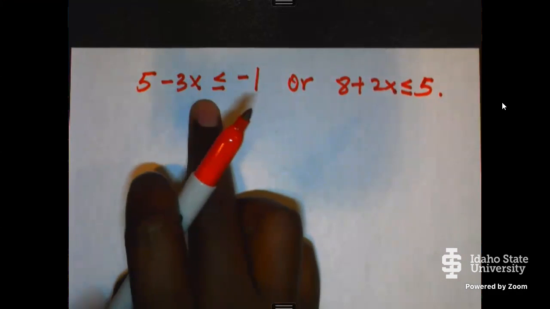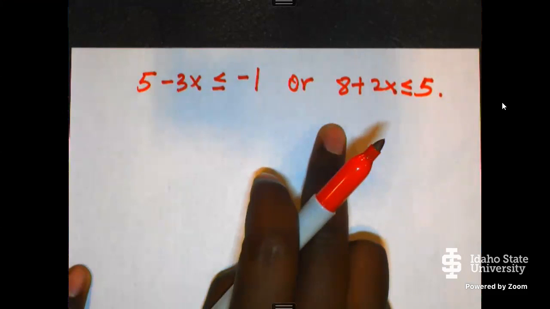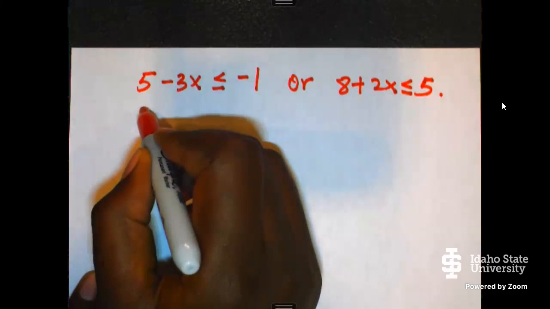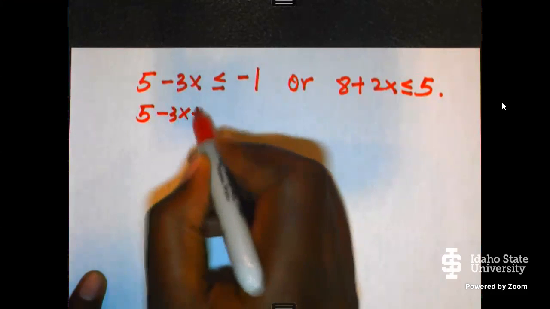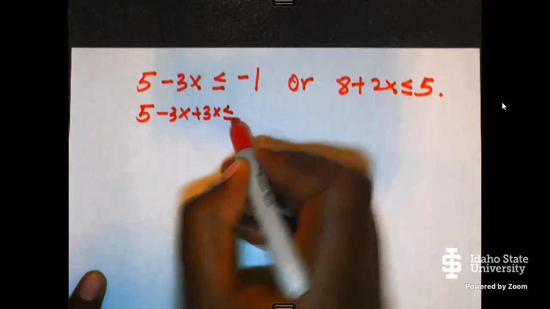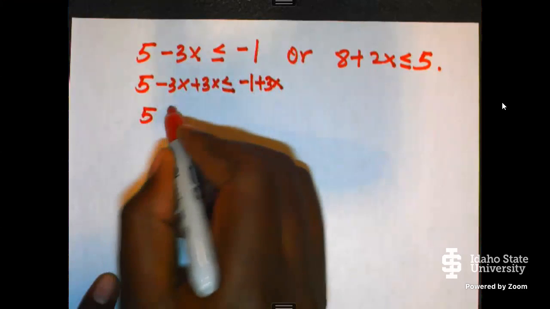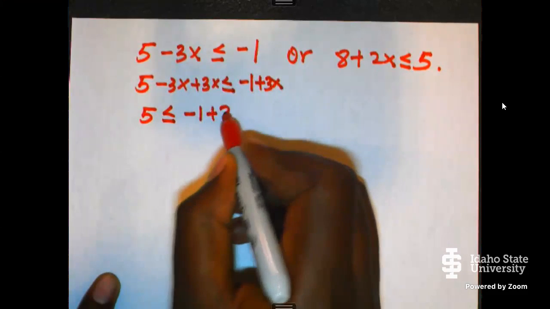So we make x the subject, so we can take this minus 3x to the other side. So in this case, then it will be 5 minus 3x plus 3x less or equals to minus 1 plus 3x. So 5 less than minus 1 plus 3x.